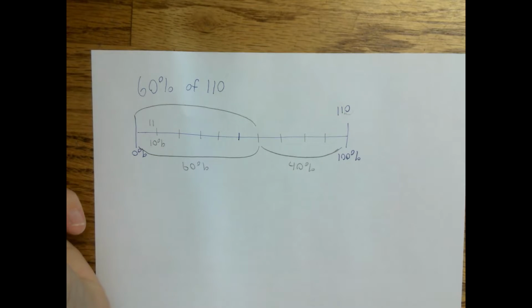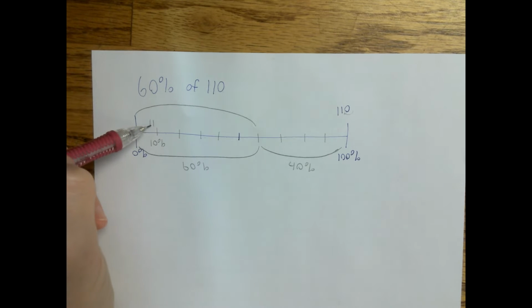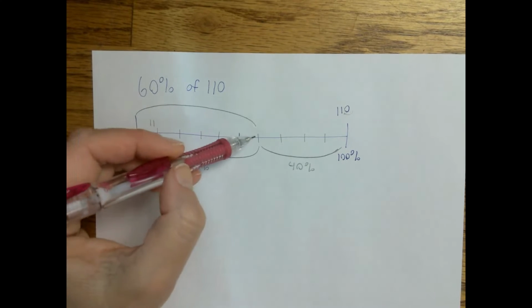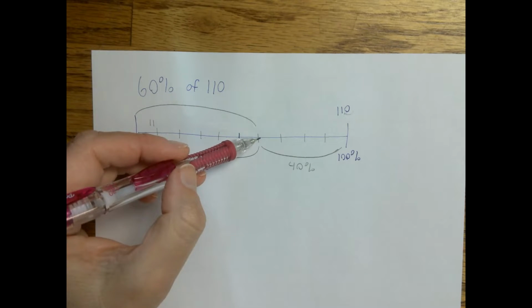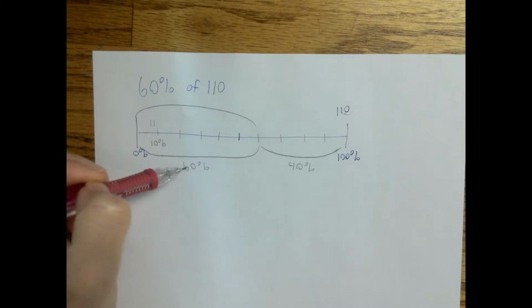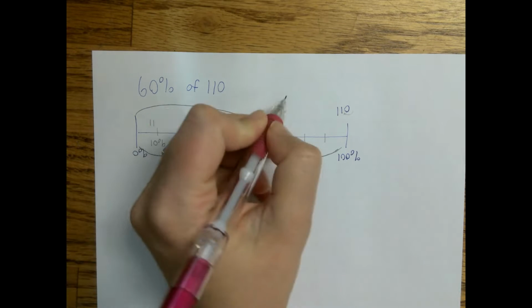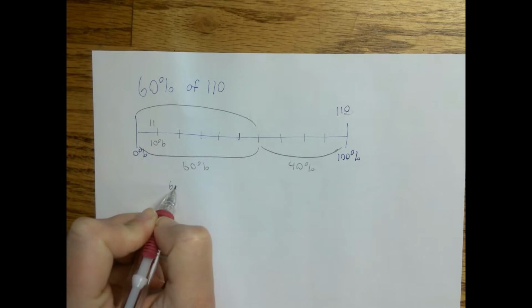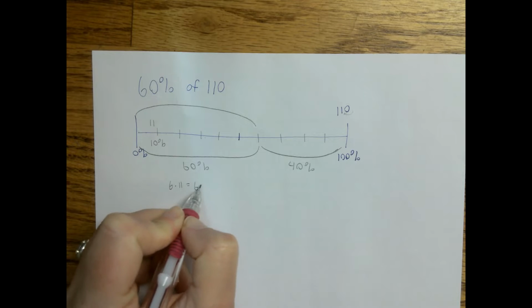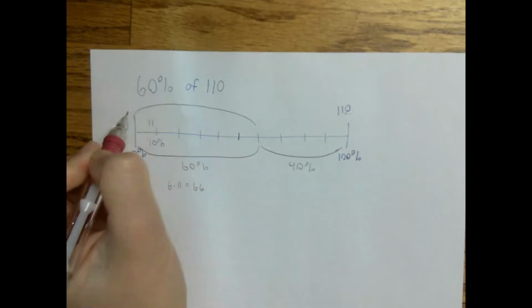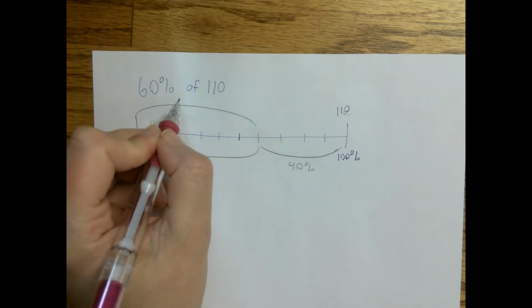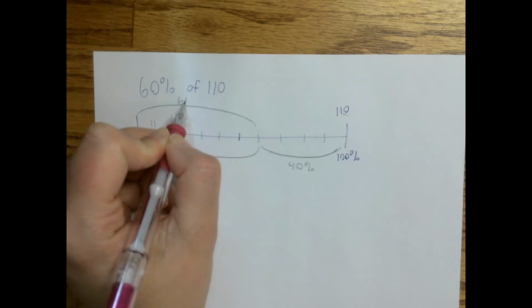Once I know what 10% is, I can multiply it by how many sets of 10% I have. I have 6 of them because it's 60%. So 6 times 11 is 66. And so I know that 60% of 110 is 66.